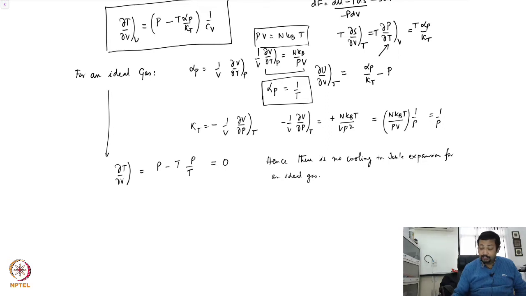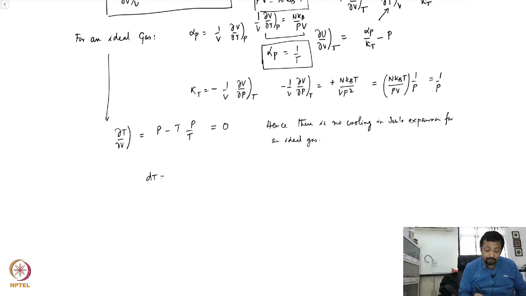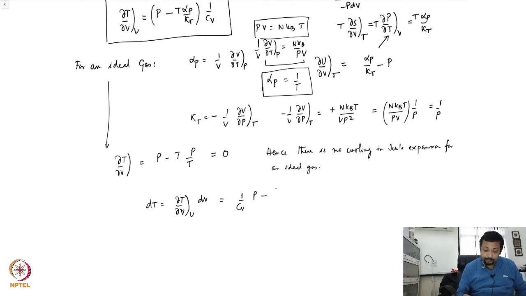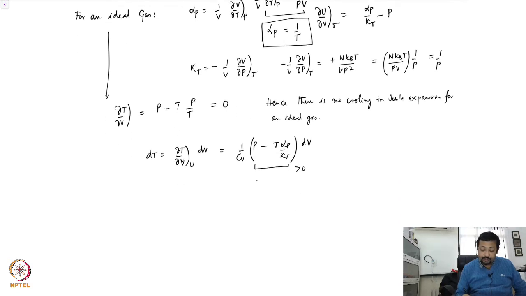dT, we come back to our original starting point, dT equals (∂T/∂V) at constant U times dV, which is 1 over Cv, and then you have P minus T alpha P over kappa T times dV. So if the quantity in the bracket is positive, then there is heating.